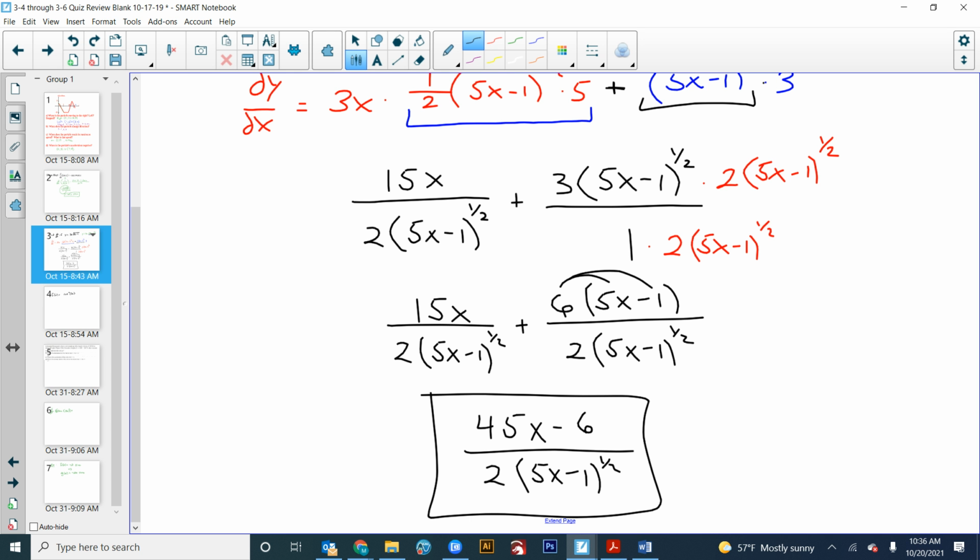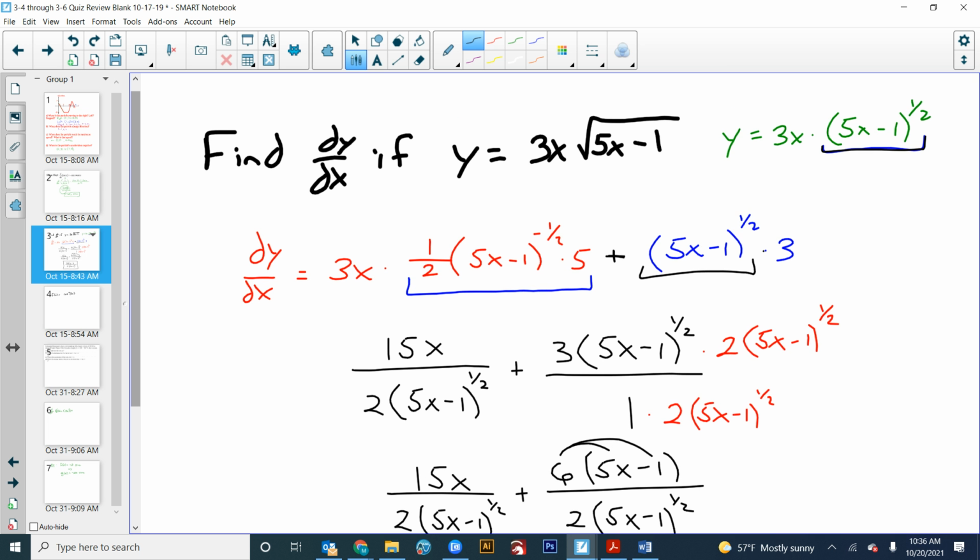Help me out. Where are you guys getting stuck? Luke? The algebra? Okay, so everybody freeze. Are we okay with the red and blue stuff? That's the product rule with the chain rule, yes? Okay. Then we took care of the negative exponents by bringing them down.